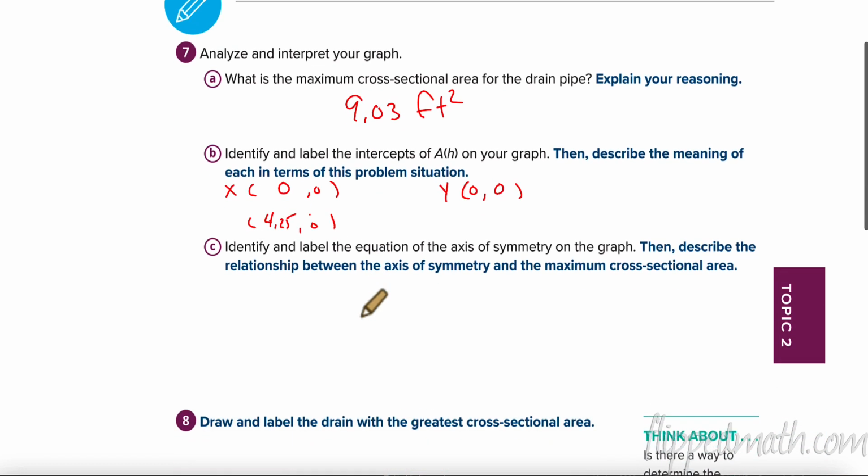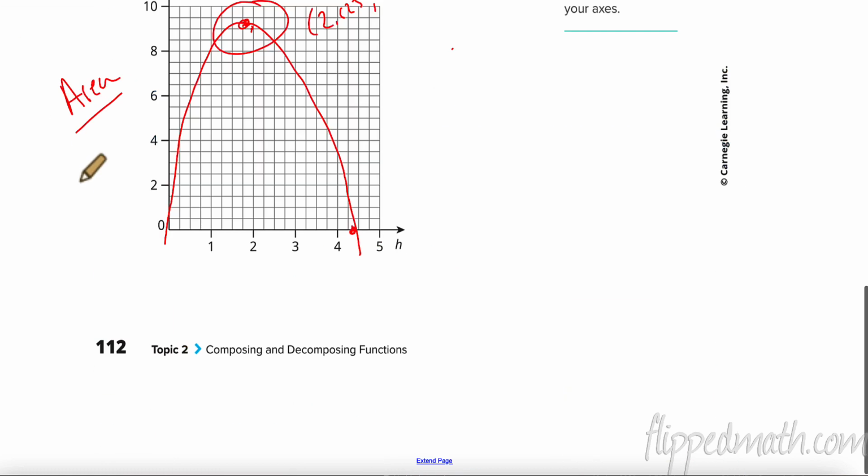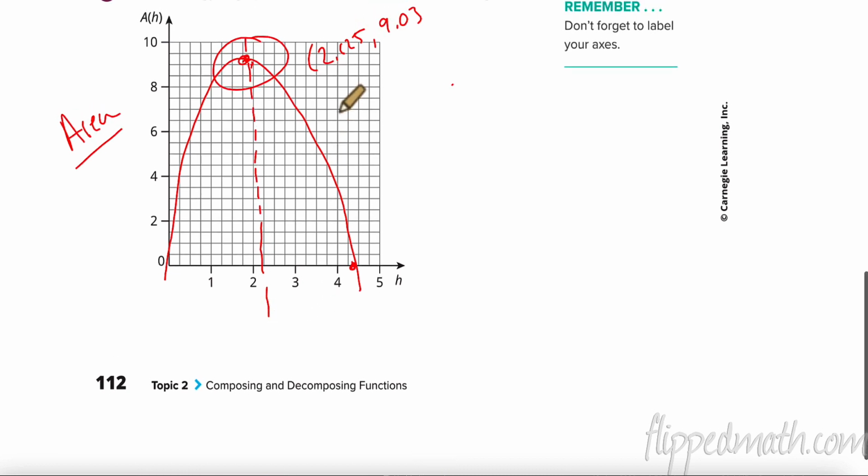All right, now it says identify and label the equation of the axis of symmetry. Let's go back over there. So the axis of symmetry is the line that cuts it in symmetric pieces. So right here, through the vertex, is our axis of symmetry. Now what we didn't understand at the time, but we probably should now, is that the x value of our vertex is going to be that axis of symmetry.